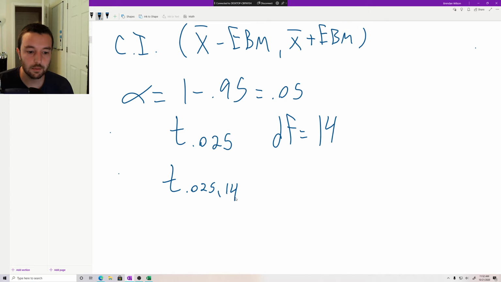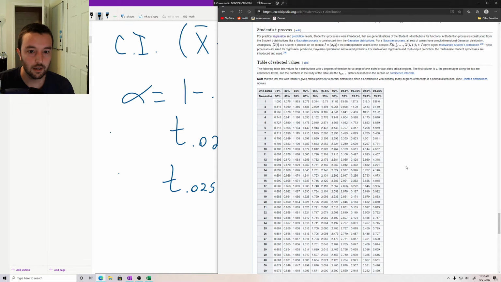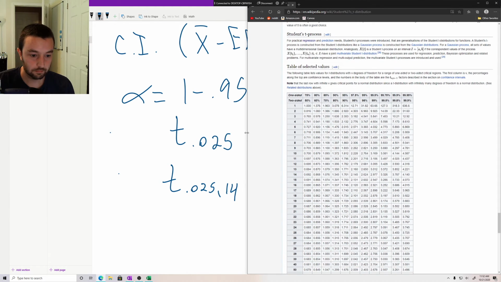We have to know the degrees of freedom, and we also need to know the area of the region, which is what the 0.025 is. So you really need both of these, which the book never really mentions. But you can see right here on Wikipedia, for example, it has t alpha, n minus 1, because you really need both of these.